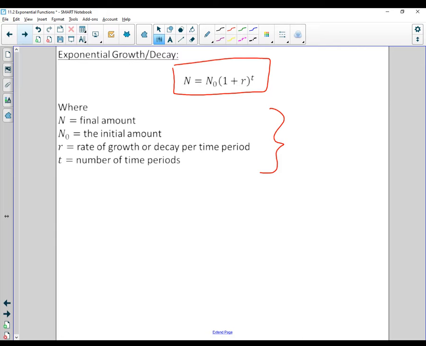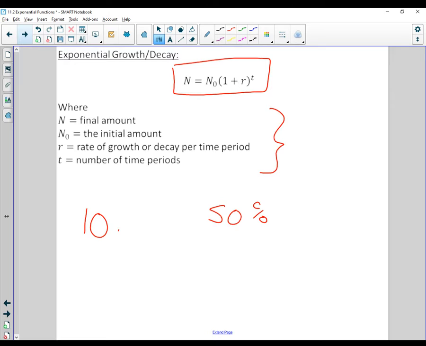Let's say our rate of growth was, I don't know, 50%. Something crazy. And let's say we had the number 10, and we wanted to increase 10 by 50%. What would we multiply it by? 0.5.